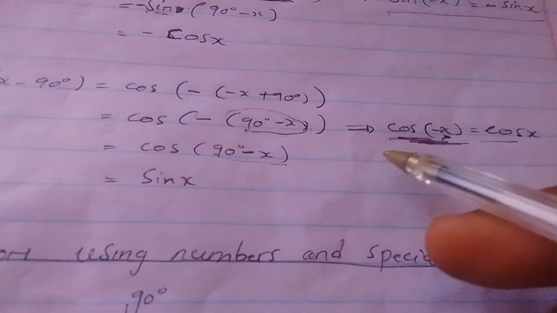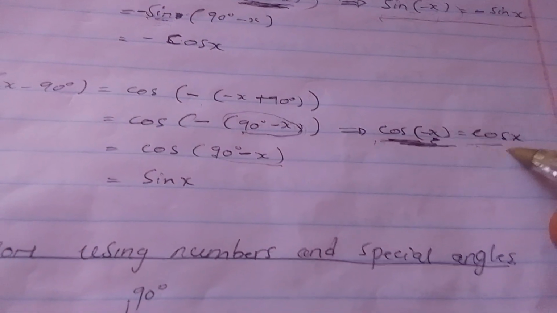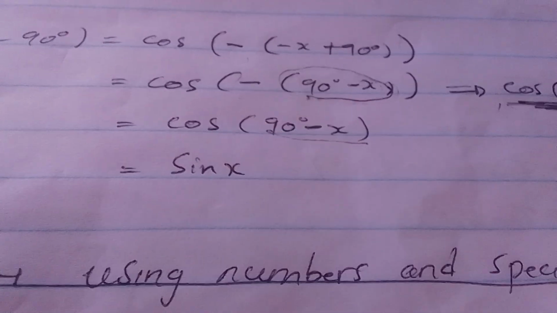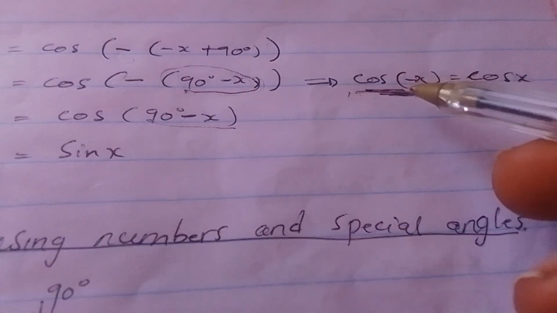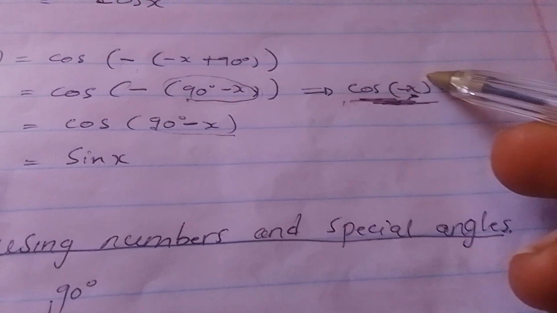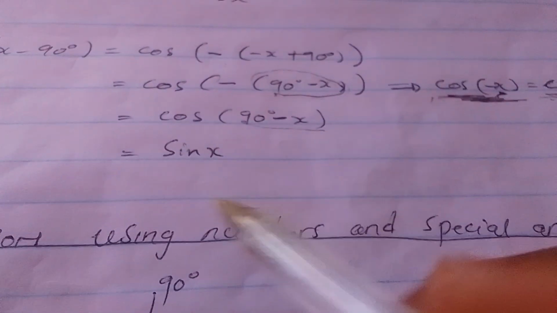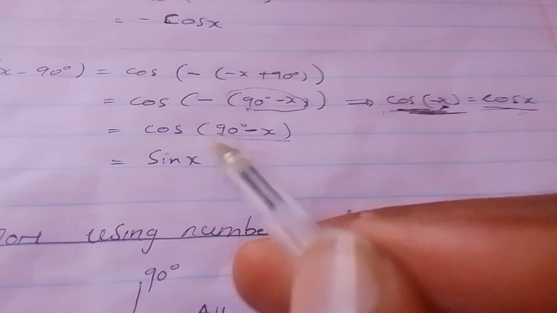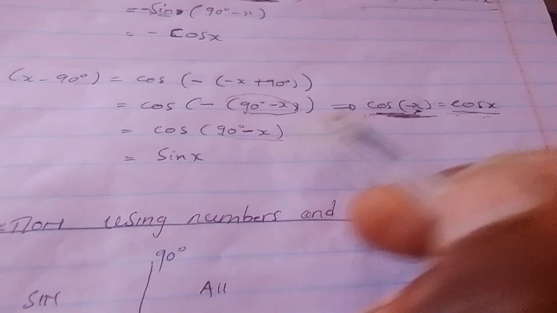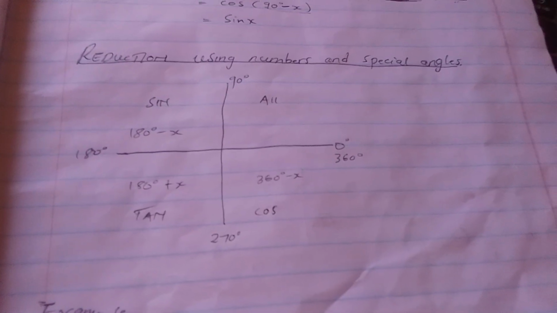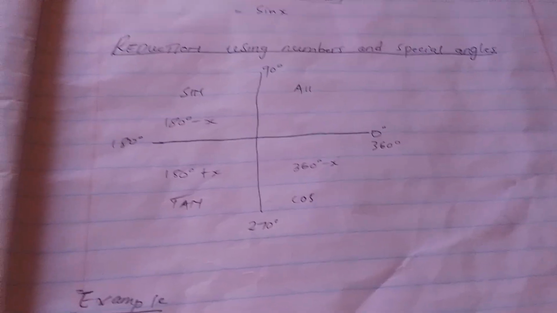But then this one is a positive cos because it's positive on our third quadrant, because I get it from here. So then I think we are done here. Cos into 90 minus x, and then you have sine x here. Yeah, that's it. Okay, so now let's go to reduction using numbers and special angles.